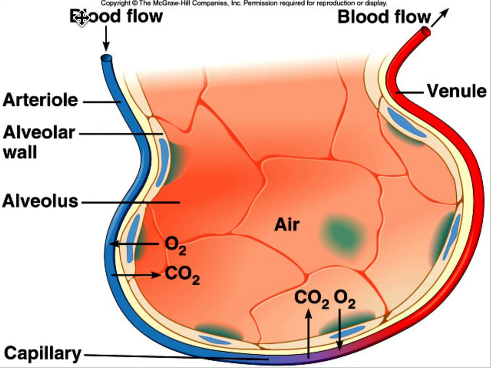There's a confusion here, because remember, the lungs are a little bit different in which artery and which vein interact with them. Arteries usually take blood away from the heart, and they usually contain oxygen at this point.